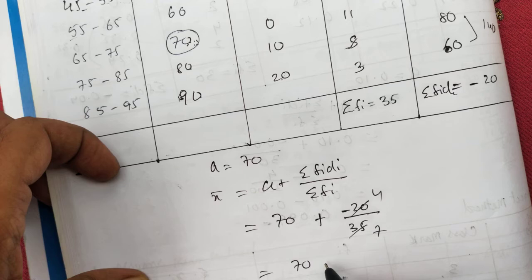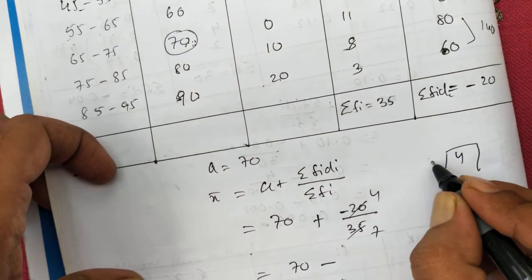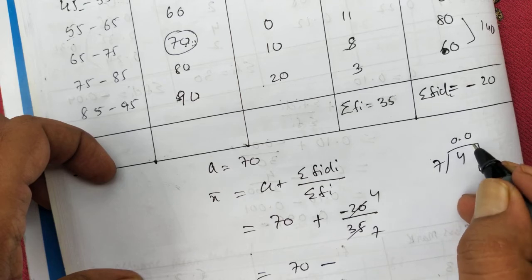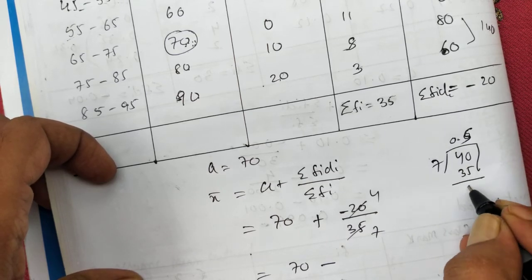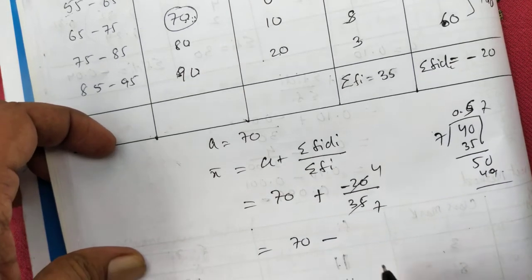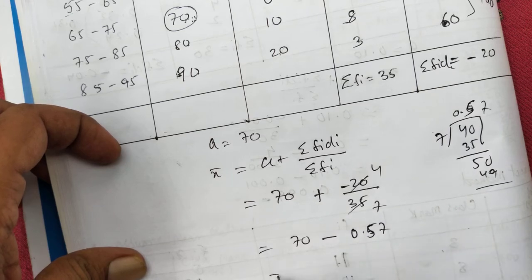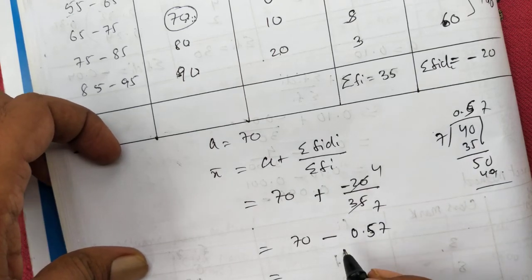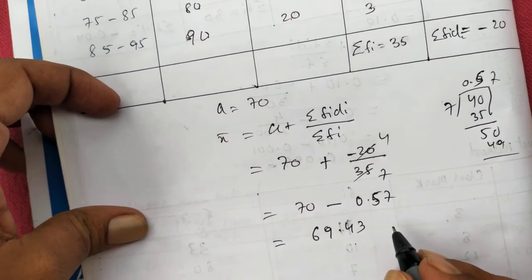So we are getting 70 minus, divide this outside. 7 5s are 35, 7 7s are 49. Approximately we are getting 0.57. Subtract this, you will get 69.43. This is the approximate answer, okay?